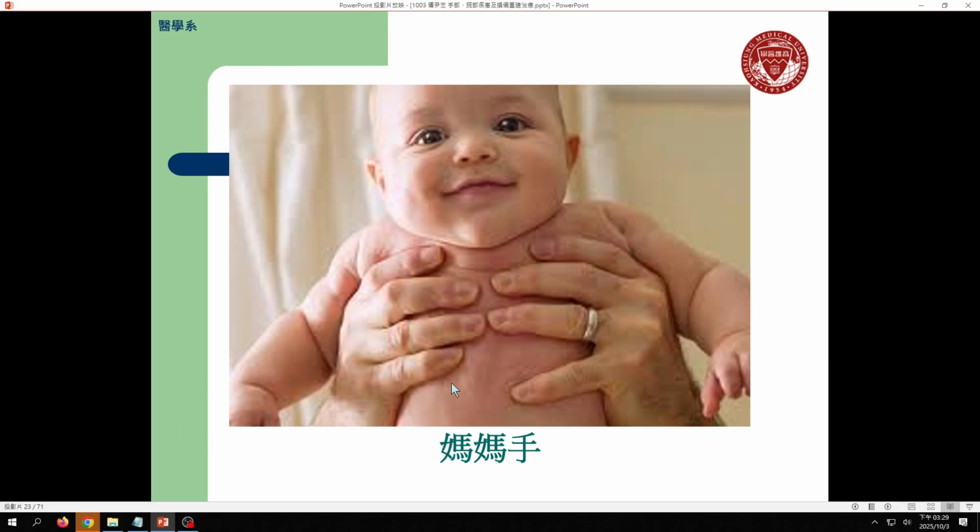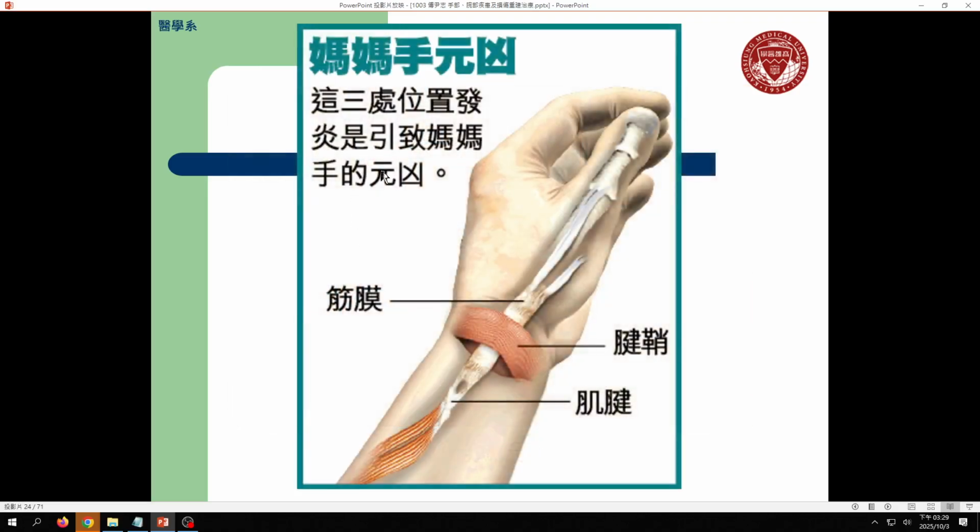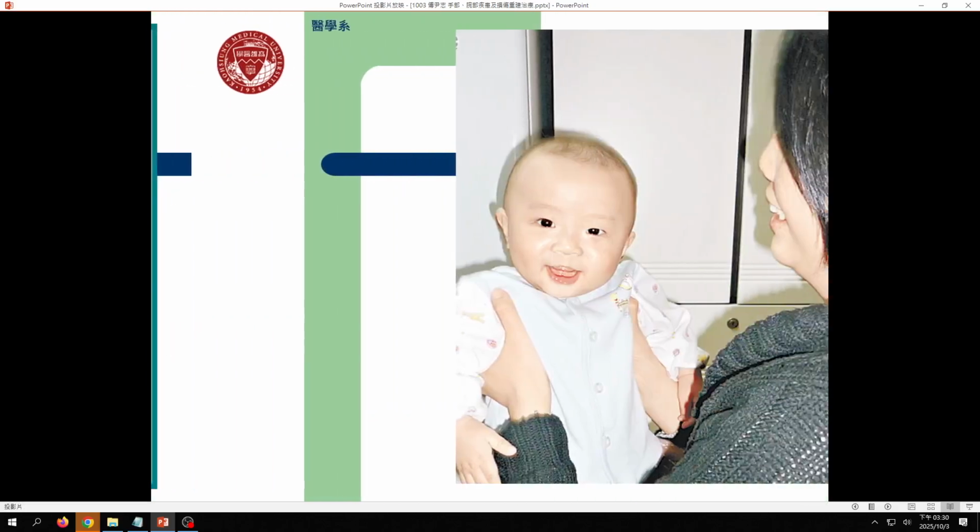That's mama sore, because it frequently happens to mothers. Here is the first compartment, the tendon sheaths, with the APL or EPB. They are pressed under it, and because of use, the tendon swells, causing inflammation change and pain. Then you cannot grasp or twist, cannot do any kind of job around the wrist and thumb. So that's the problem.